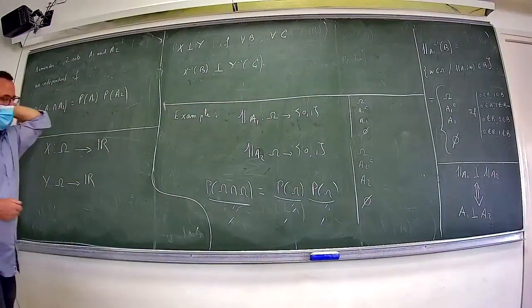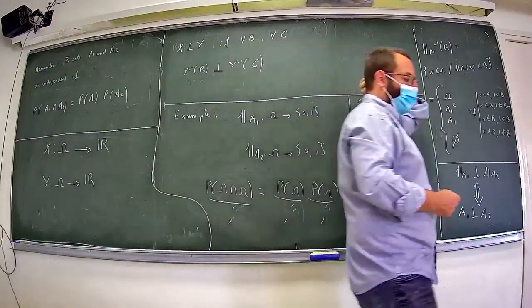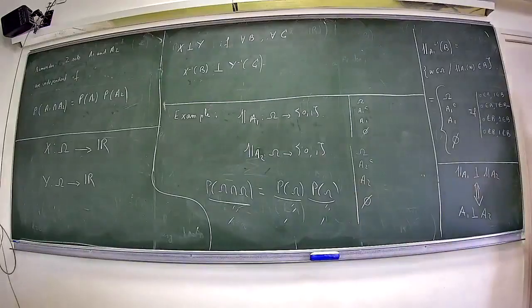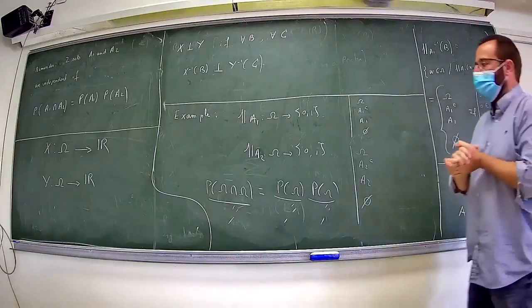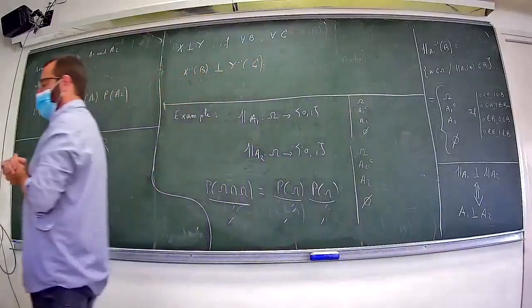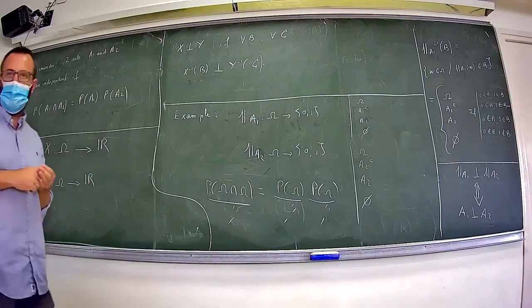We will be able to check this on the probability mass function in the discrete case. We will have the possibility to check this on the joint density function. And we will also have what we call the moment generating function in order to check this in a very efficient way without having to check the definition for any possible preimages.